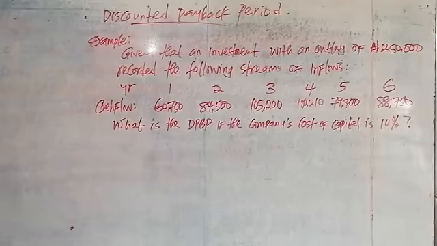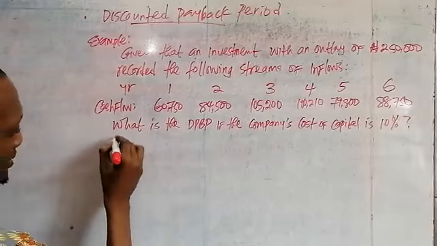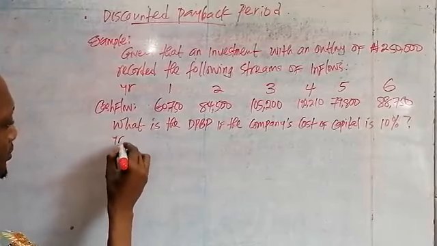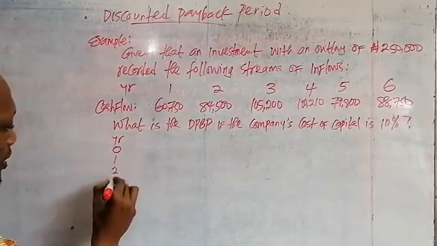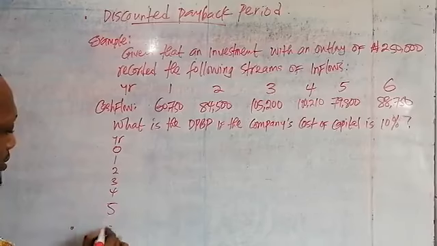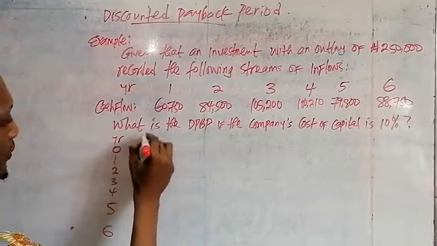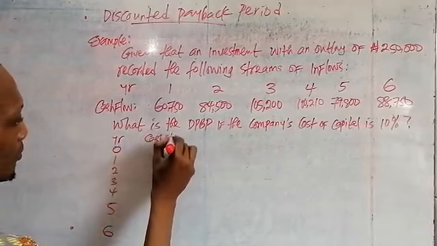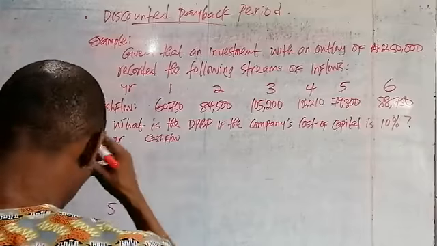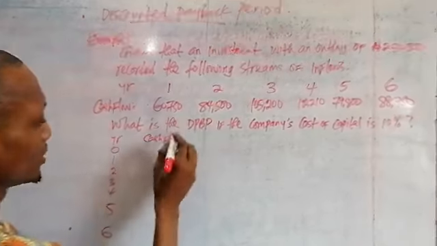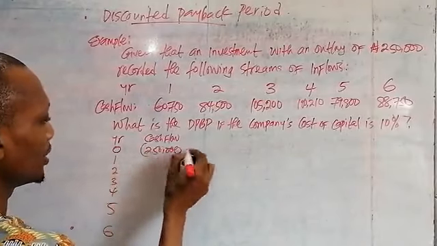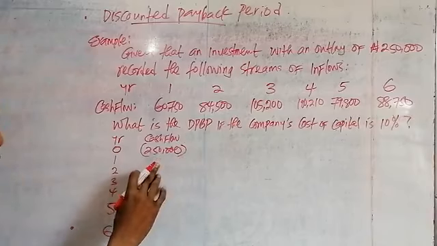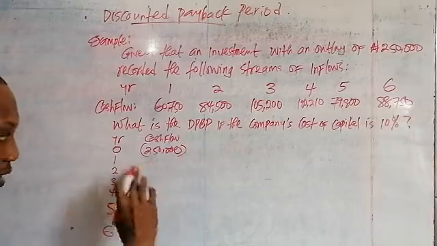In doing that, we have to set our table. Let's set our table: year 0, 1, 2, 3, 4, 5, 6, and CF, that is cash flow. The cash flow given to us for year 0 is 250,000, in parentheses because it is an outflow, money going out.